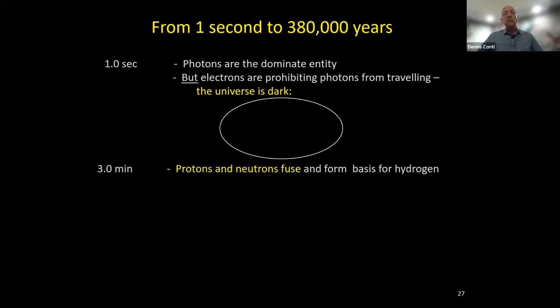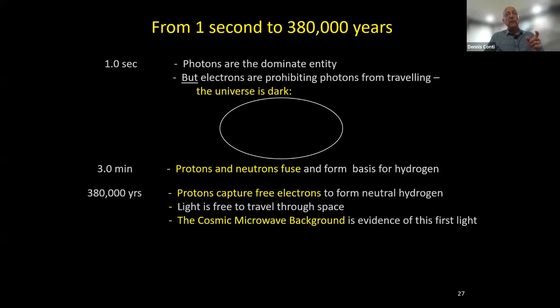Protons and neutrons fuse together to form hydrogen. And when that happened, the protons captured these free electrons, and all of a sudden now light was able to happen. So the fact that these protons captured the electrons, which were keeping the photons from creating light, all of a sudden now light happened.